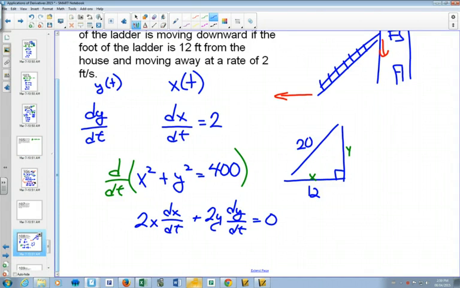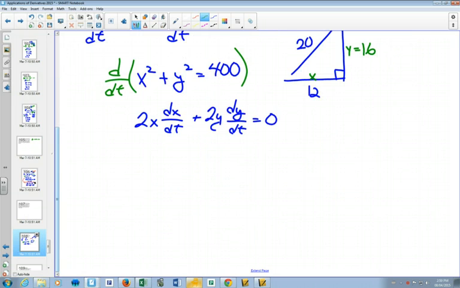What will y be? Because we know x is going to be 12. We never did write what y would equal when x is 12, but we could figure that out. Favorite triangle of the day, 3, 4, 5. dx/dt was 2.